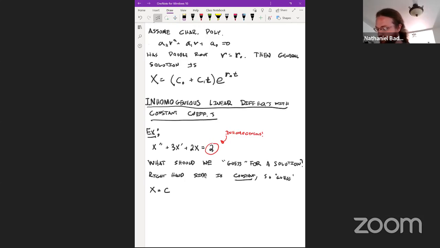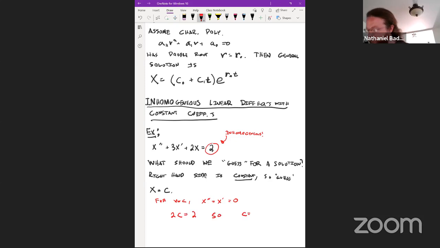So if we guess a constant, guess x equals c. For x equals c, x double prime is equal to x prime is equal to 0. Great, so we're going to get 2 times c equals 2.